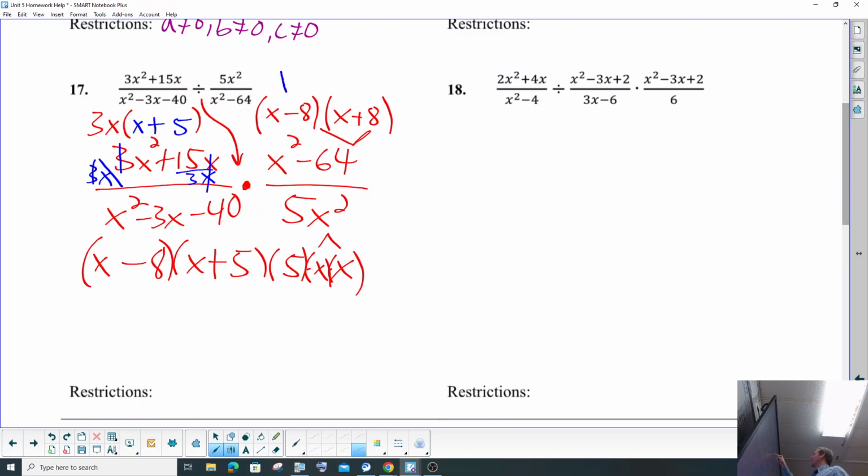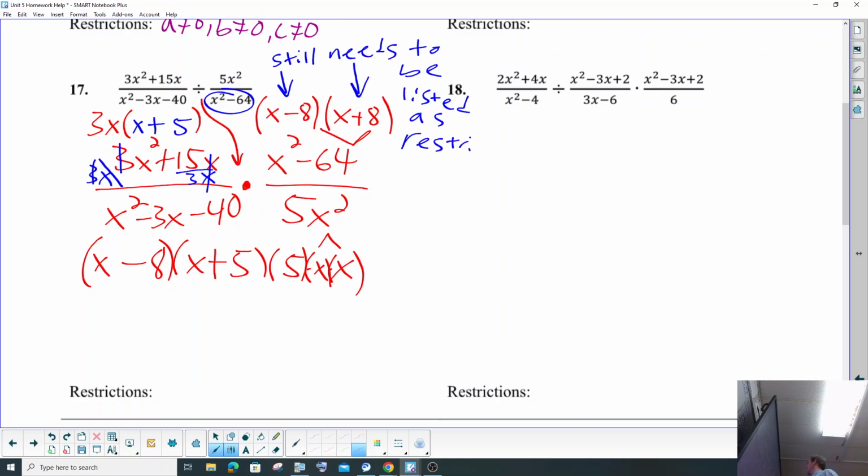So even though x minus 8 is in the top, it was originally in the bottom, so it still needs to be listed as a restriction. Okay, so x can't equal a positive 8, because that would make it 0 in the bottom, or a negative 8, because that would make it 0 in the bottom.